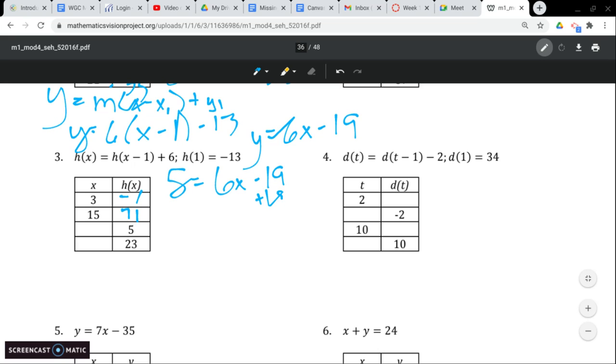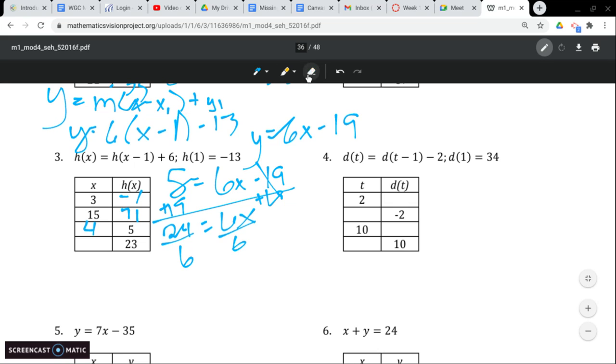We add the 19 to both sides. So 5 plus 19 is going to give us 24 equals 6x. Divide by 6. So it equals 4, because 24 divided by 6 is 4.